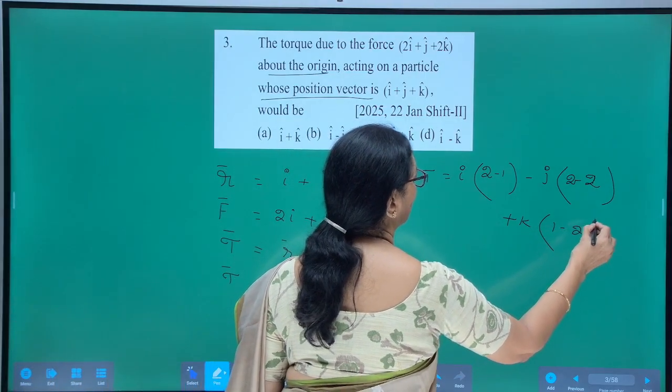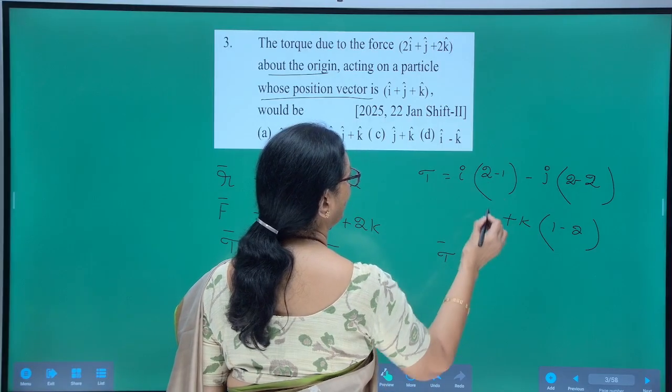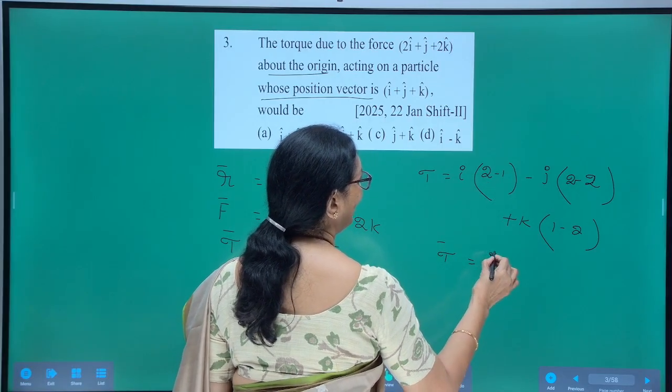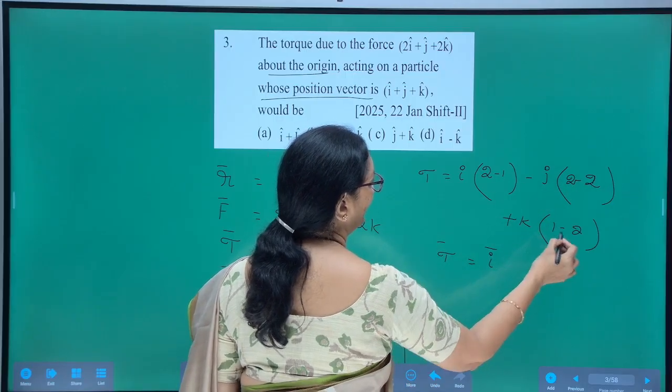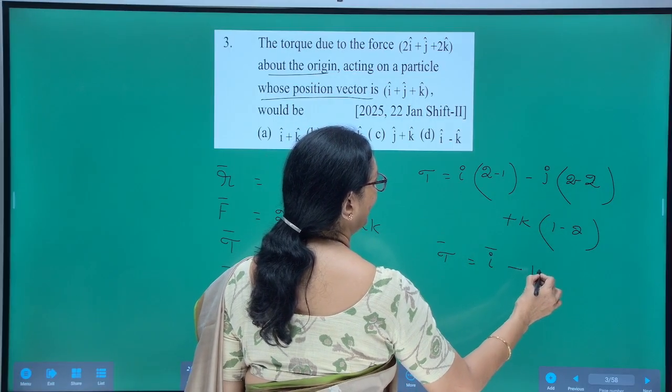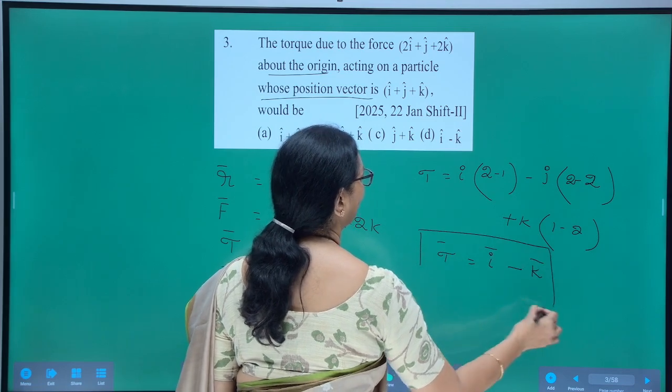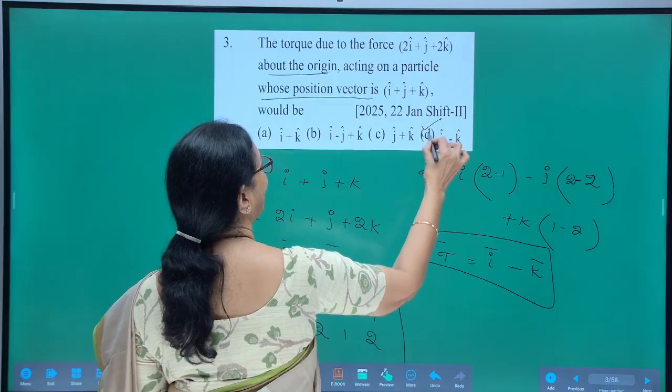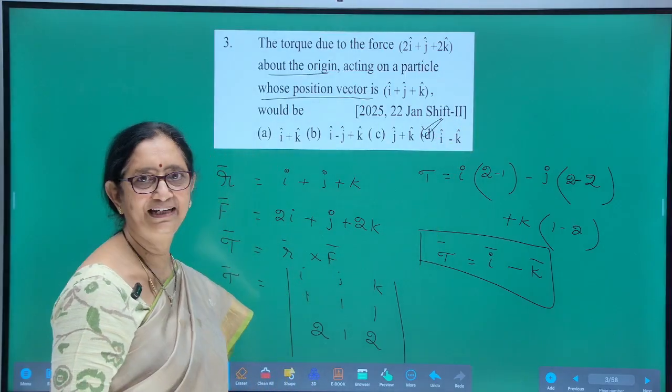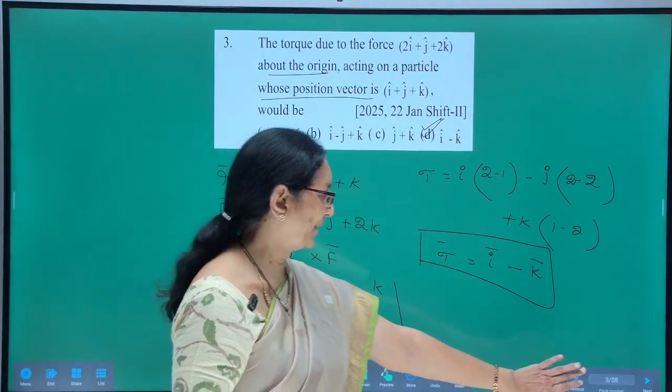So, the torque is equal to 2 minus 1, 1 i bar, 2 minus 2, 0, 1 minus 2, minus 1 k bar. So, the torque is i bar minus k bar, option D is the right answer for that problem.